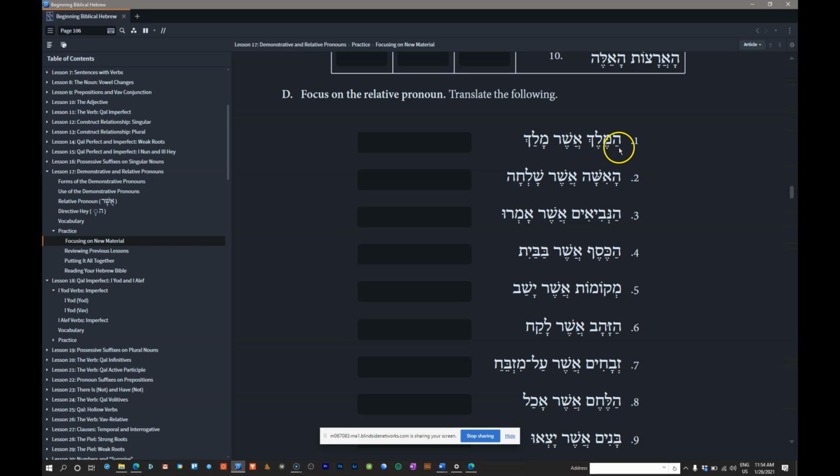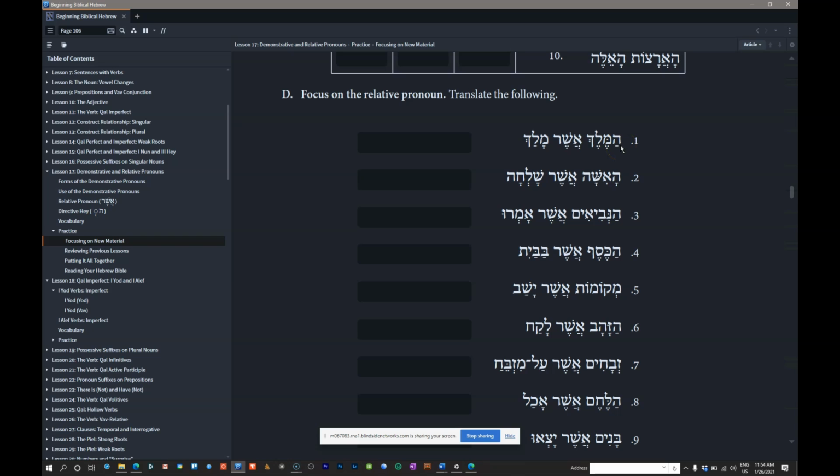So we've got Hamelech asher malach, the king which he ruled. So the king which ruled is probably what this is. Now I'm going to change which to who, because I think Hamelech here is the subject of malach.